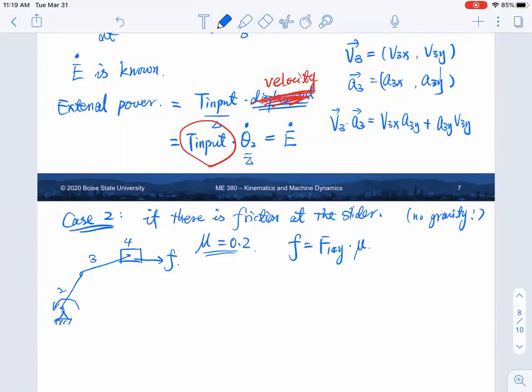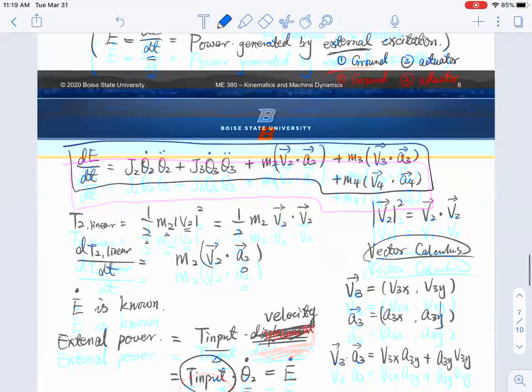Can we still use energy method to solve this problem? Well, it's not true.